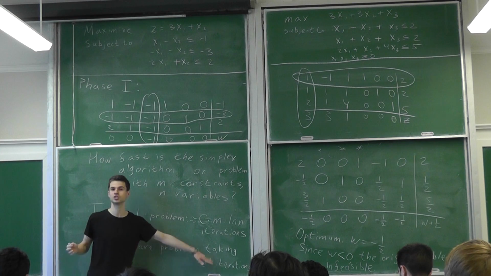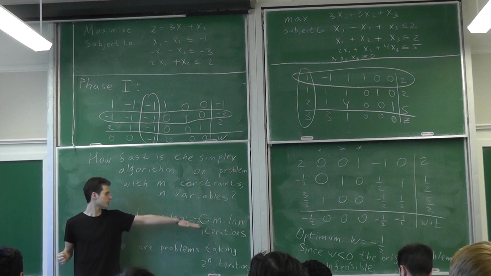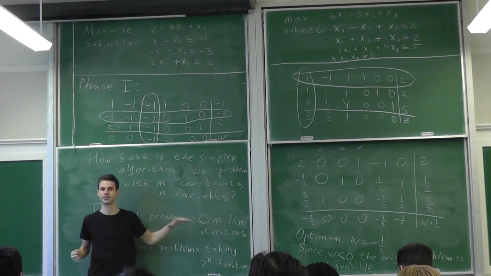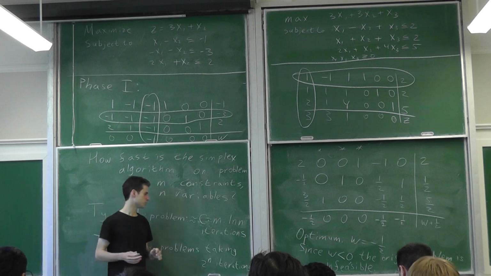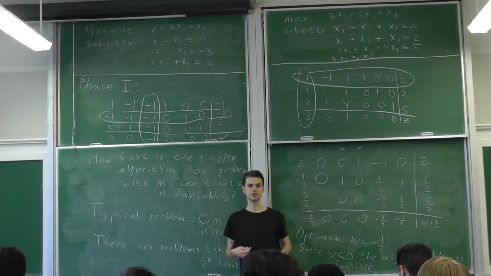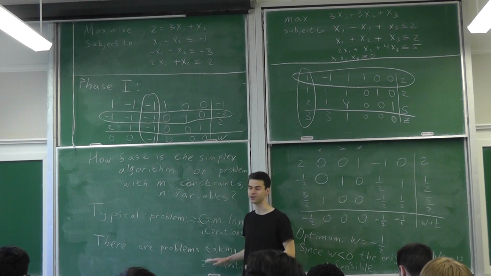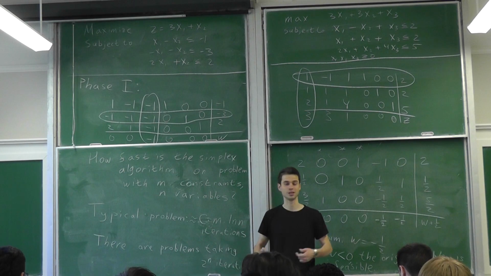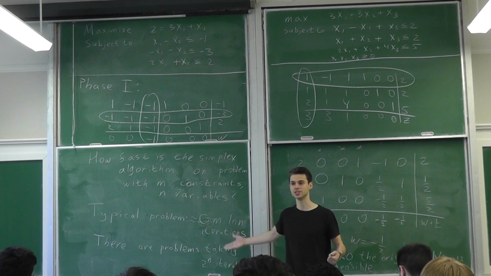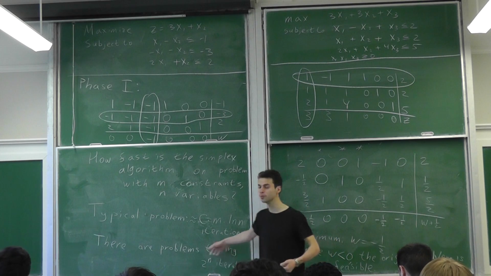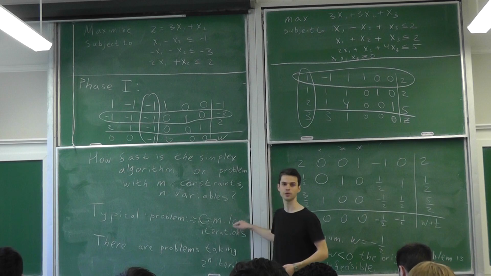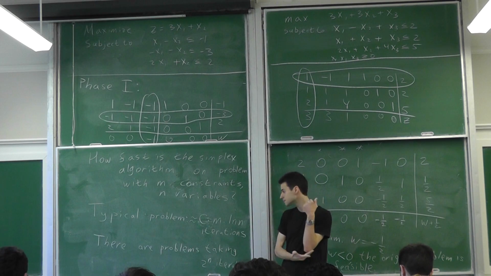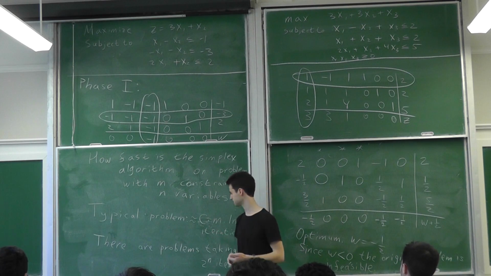It could be extremely slow. On practical problems, it is very, very fast. From a theoretical viewpoint, it is still an open and interesting question whether you can find, say, a pivoting rule which will guarantee that the number of iterations is polynomial, m to some power times n to some power. Well, nobody knows.